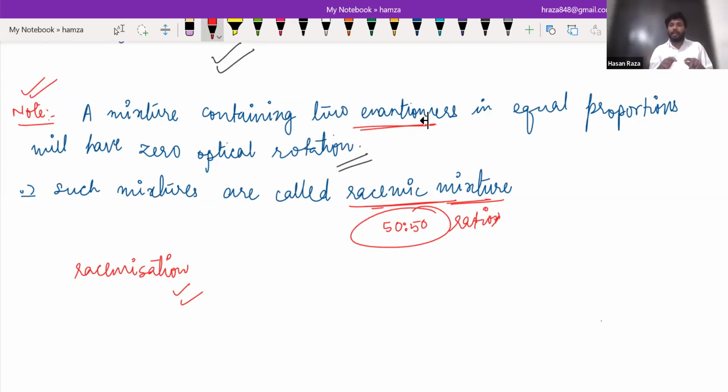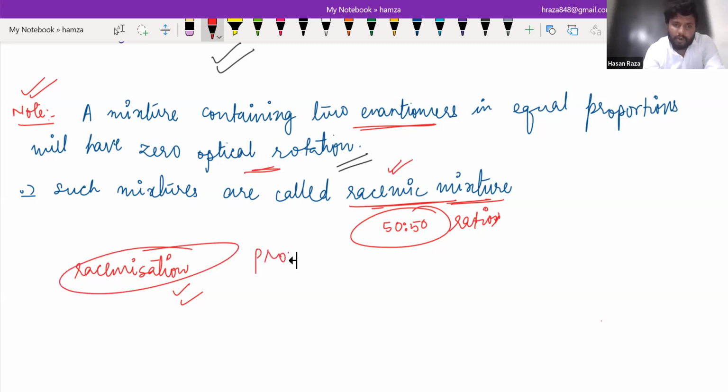Then they will mix, and if you check the rotation, they are opposite in direction, so there will be zero optical rotation, and such mixtures are called racemic mixtures. And the process is known as racemization. Is that clear, everyone?